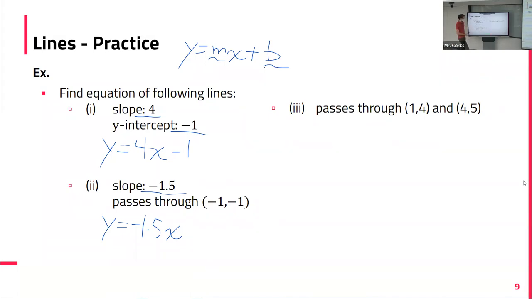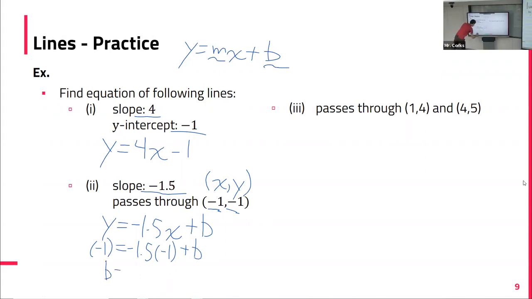Okay, so this -1, -1. Remember, these are an x, y pair. So that's the x, that's the y. We just put those numbers in. So this plus some mystery b, and we have 1.5 times 1 plus b, and just some simple rearranging there.